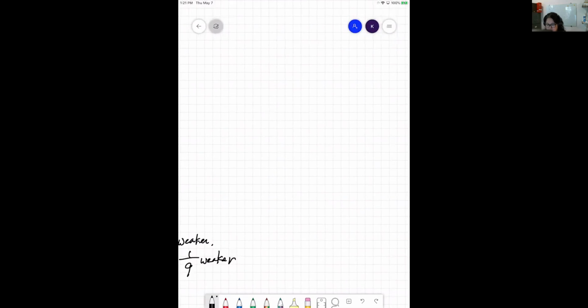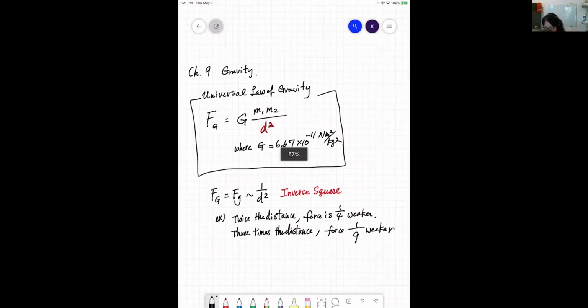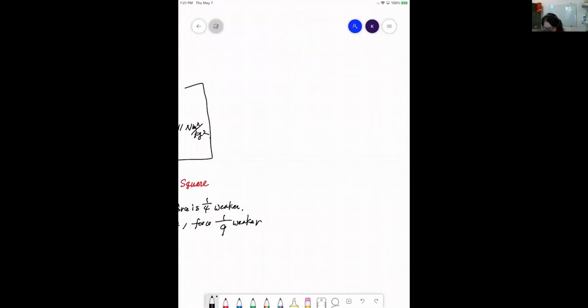I can plot this in a graph. Here is the distance, this is going to be the d, the distance from the center of the Earth to where you are. It starts from the surface of the Earth.